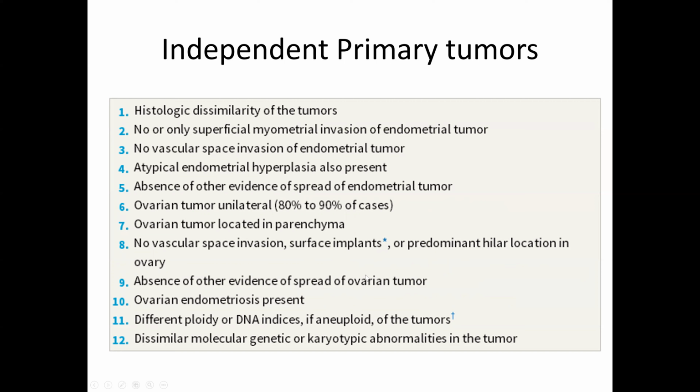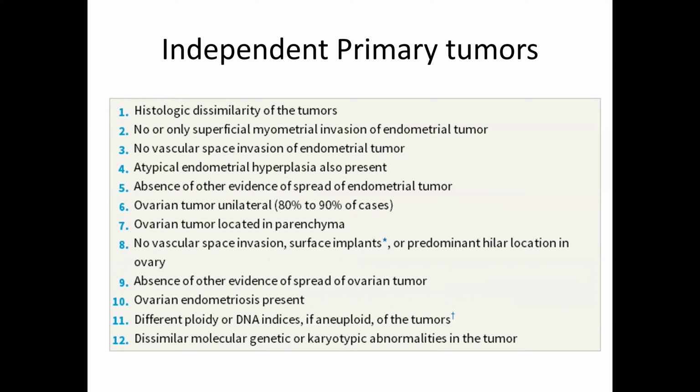So it's still a stage 1 ovarian tumor, and we happen to have a concomitant development of an endometrial tumor. Ideally, we've also got endometriosis, so we have the fertile field present. And then if we have to push ourselves further to make sure, we would want to see different ploidy indices or different molecular genetic or karyotypic abnormalities.